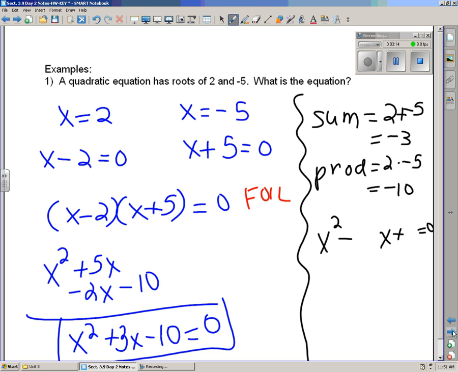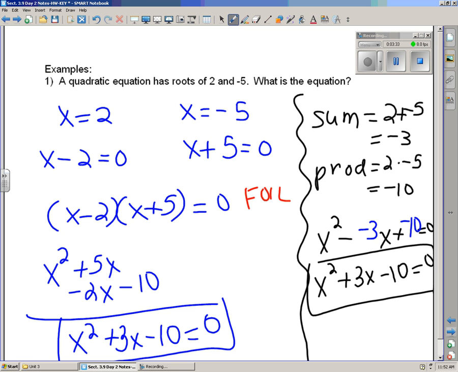Well, the sum is negative 3, and the product is negative 10. When you fix all these double signs, it becomes x squared, double negatives become plus 3x, plus a negative is just minus 10, equal to 0. And now you've got the exact same answer. One is by finding the factors and multiplying it out, and one is by finding the sum and the product. You choose.